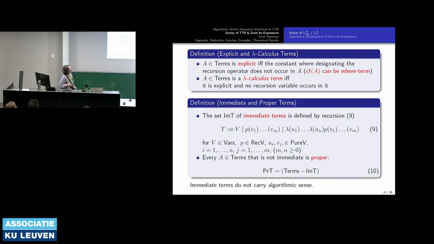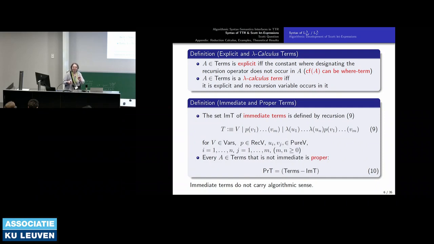So now there is another distinction. Explicit terms are those terms that do not have this where recursion operator in them. But here is a trick. A term can be such that it doesn't have this where constant in it, the recursion operator, but the reduction calculus will reduce it to the canonical form, and the canonical form may have where.